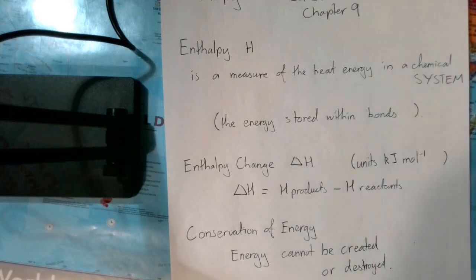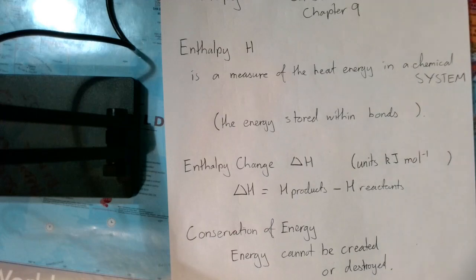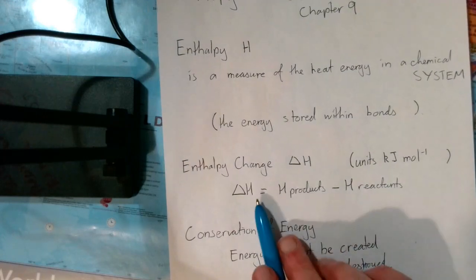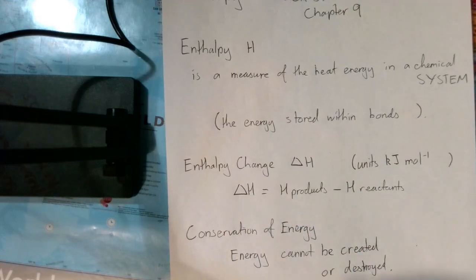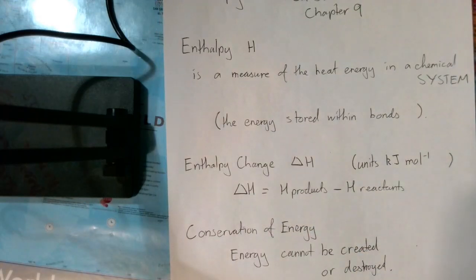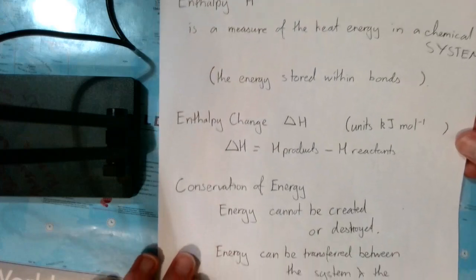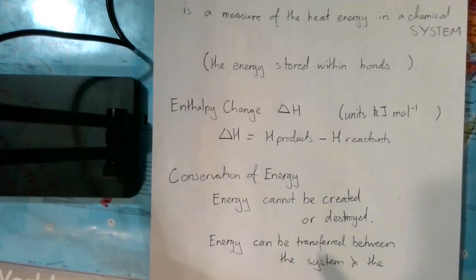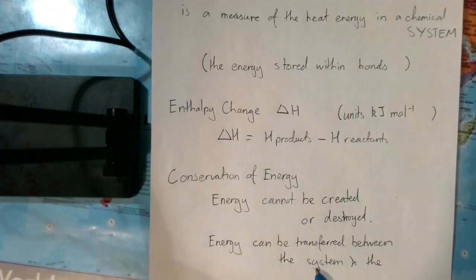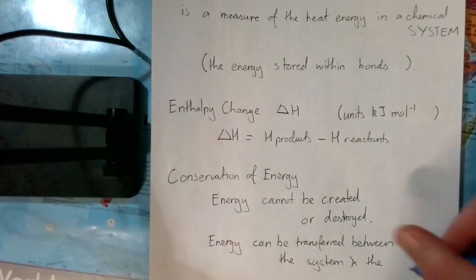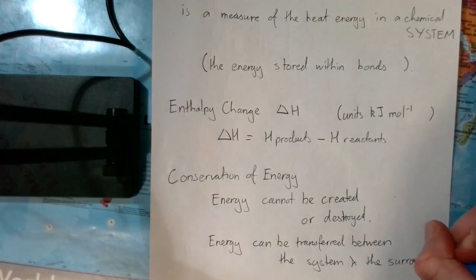So if you did a chemical reaction, all of the energy change that you can measure is coming from this. You're not just magicking up some new energy. What instead happens is that energy can be transferred between the system and the surroundings.